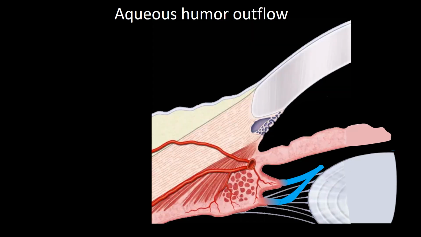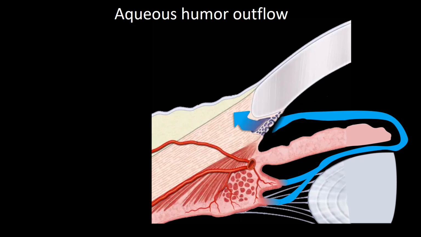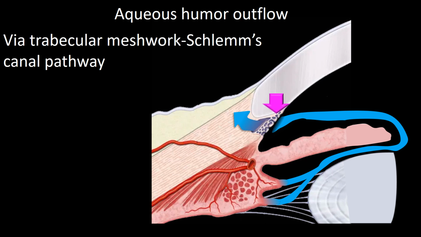The aqueous humor is produced by non-pigmented epithelial cells of the ciliary body, as we have previously mentioned. The aqueous humor flows from the posterior chamber to the anterior chamber of the anterior ocular segment between the lens and the iris. Most of it flows out of the anterior chamber via the trabecular meshwork and the Schlemm canal pathway.